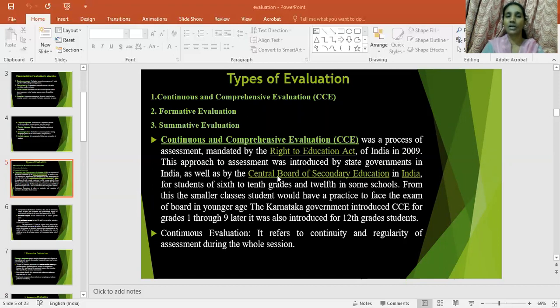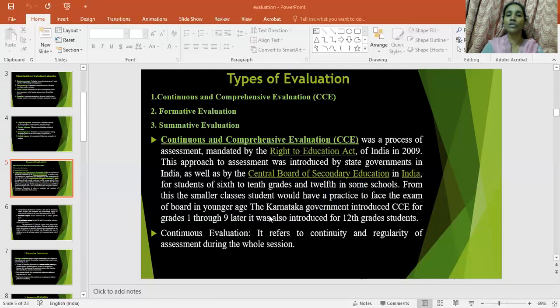When they introduced this in India, it was only for the students who are in the 6th to 9th grade. It was implemented only for the 6th to 9th grade students, and in some schools it was implemented up to the 12th standard also. This is what I'm talking about in India.